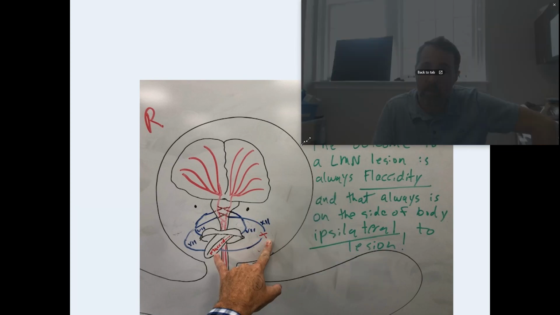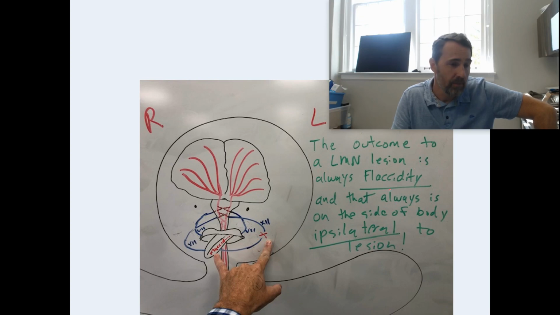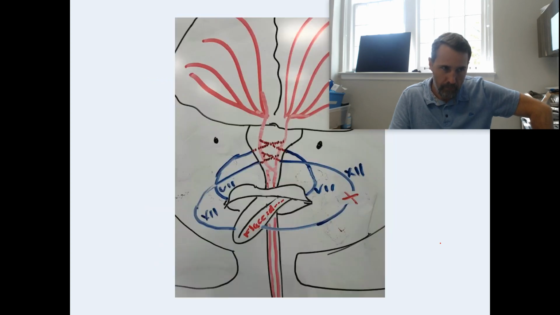So the outcome to a lower motor neuron lesion is always flaccidity, and that flaccidity is always on the side of the body ipsilateral to the lesion. So here we have our guy now with his flaccid tongue.